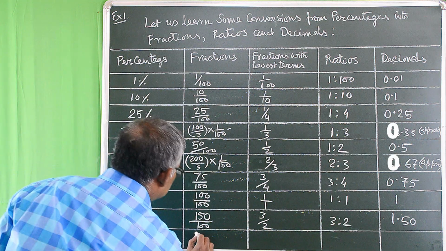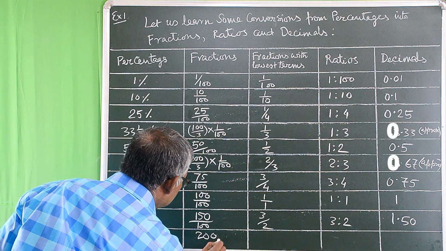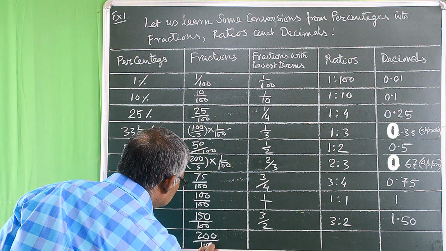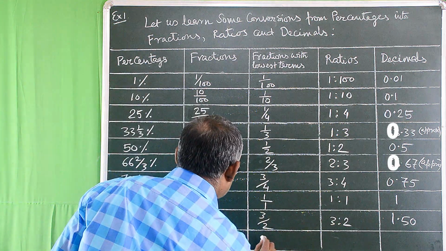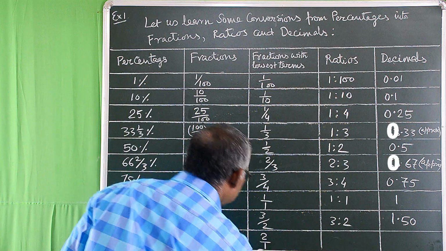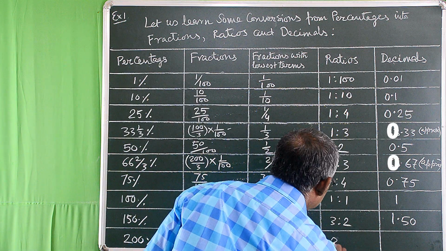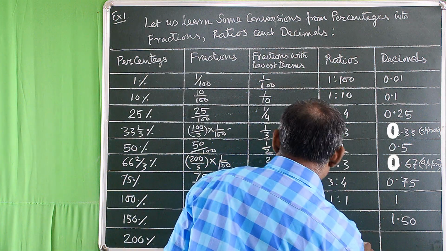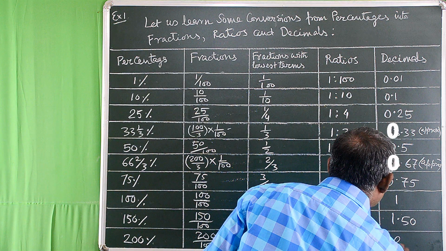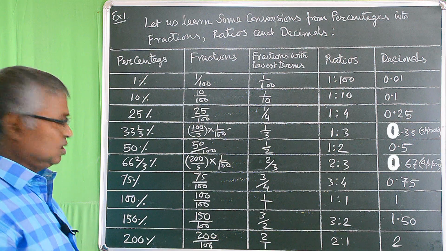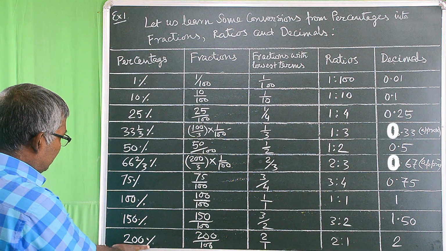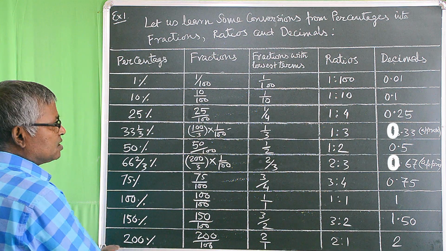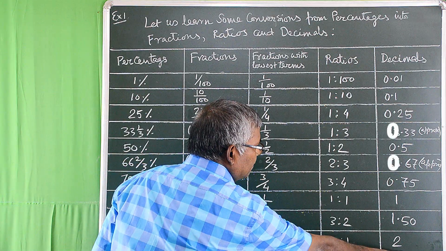That is 200 by 100. It is 2 by 1, that is 2:1, and in decimal form it is 2. Students, so we see 200% of any number is just doubled the number.